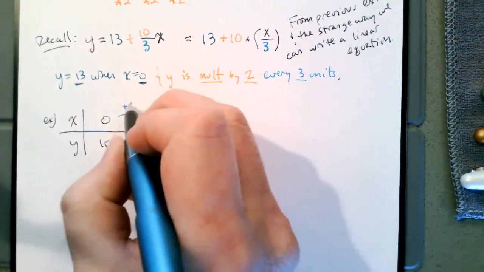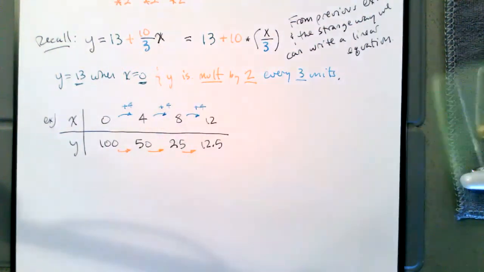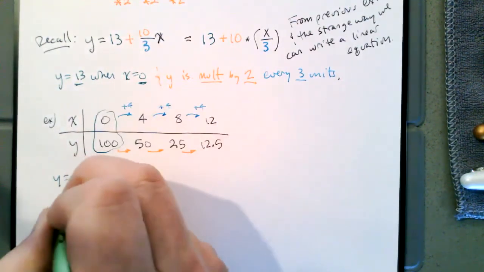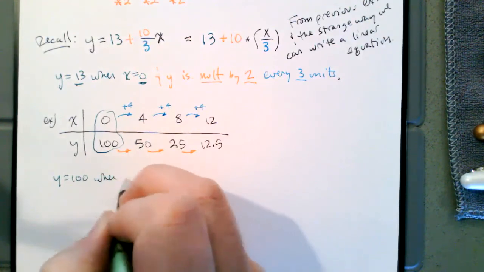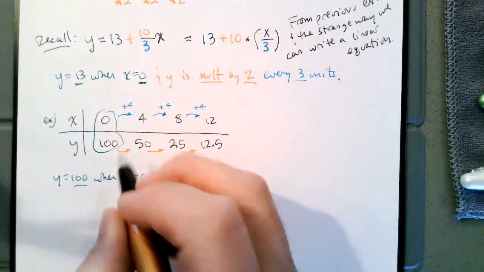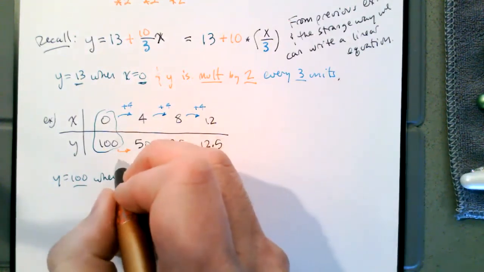So we see something's happening every 4 units. We can see that we're starting off at 0, 100. And we go from 100 to 50 to 25 to 12.5. So we're multiplying by 1/2.